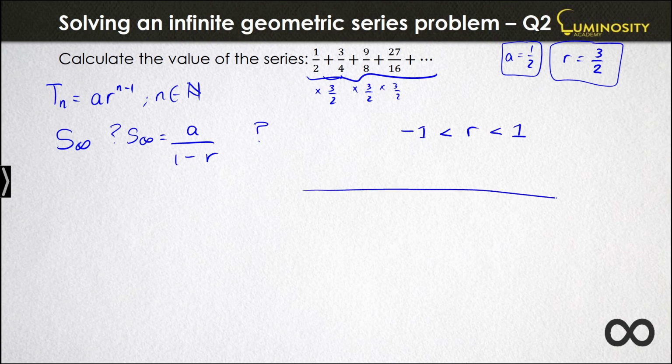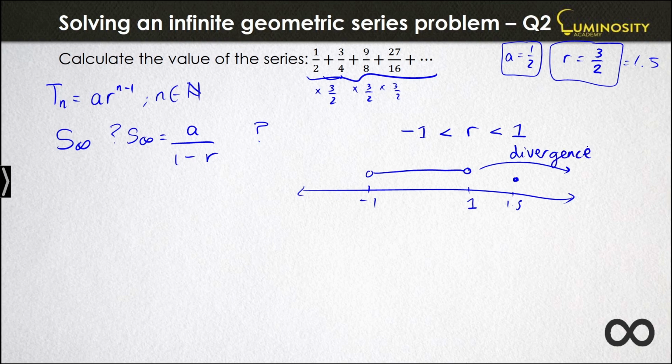So again, on the number line, if I try to visualize it, r equals 3 over 2. So here's -1, here's +1. 3 over 2 is 1.5. That's outside here, but my interval for convergence is between -1 and 1. This is outside there, so this is in the interval of divergence.